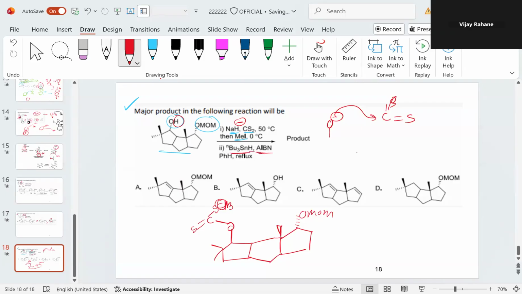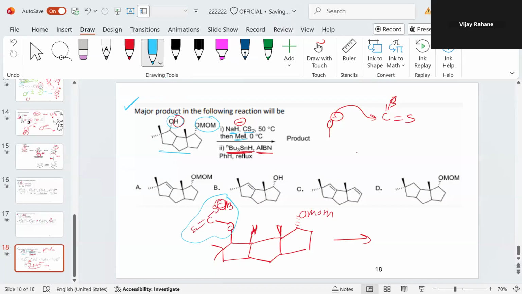Bu3SnH and AIBN. So how does the reaction work at the center? I think within this step, this elimination occurs. We have one hydrogen here, and now this entire group is a good leaving group.